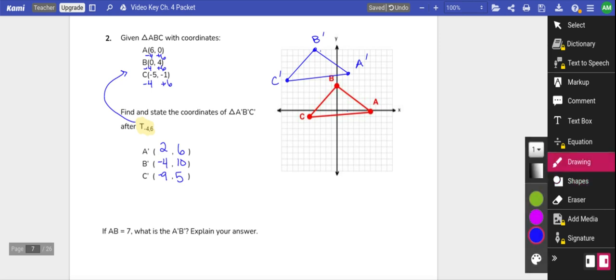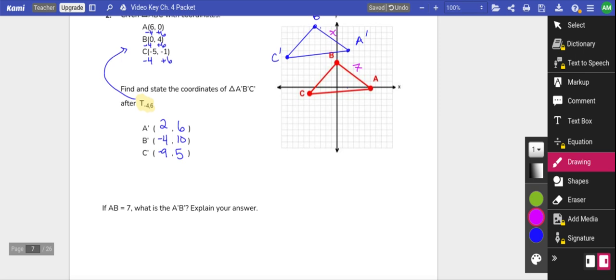Now the question asks, if the length of AB is 7, what is the length of A prime B prime?